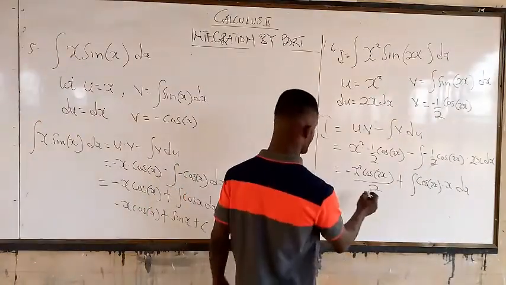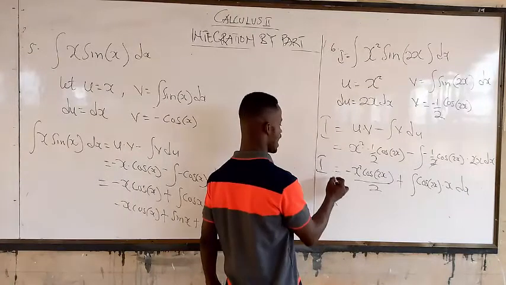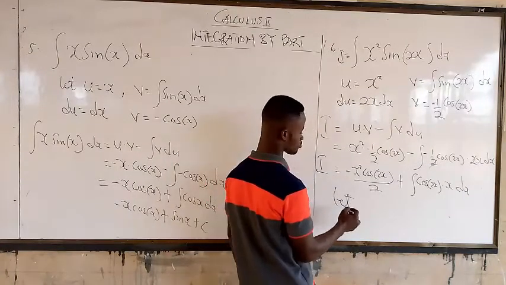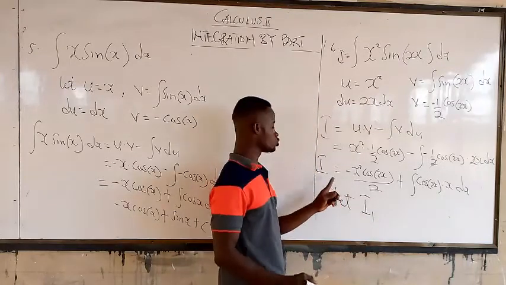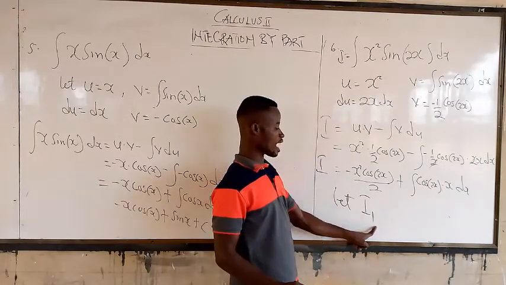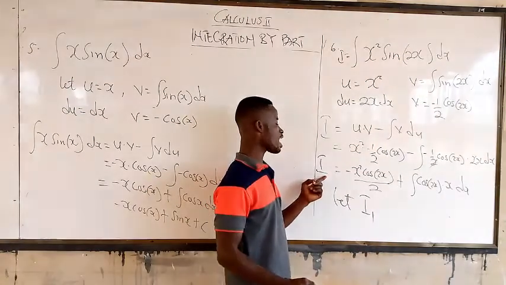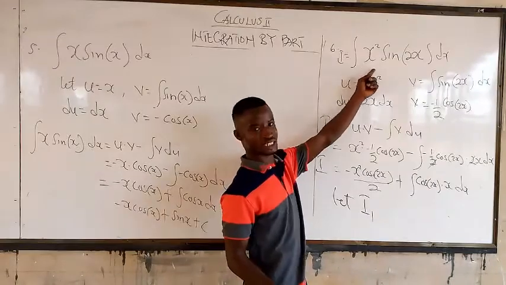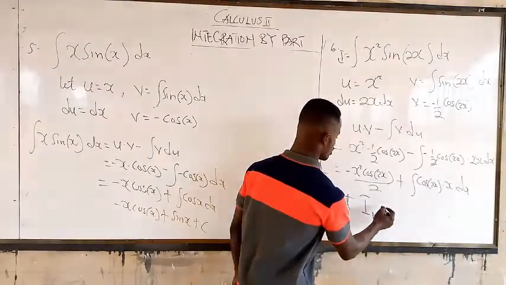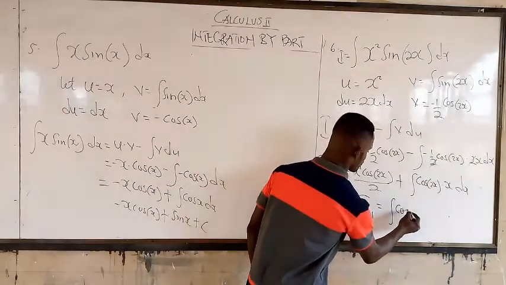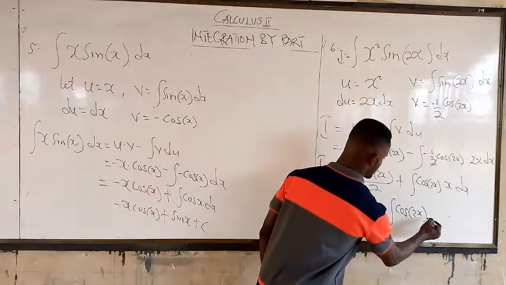So this is just the I. So let's let I1, since I'm using I here to represent the main question, I1 represent the integral of cos 2s.